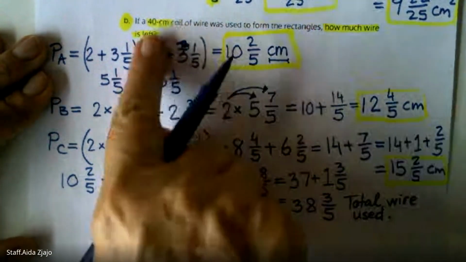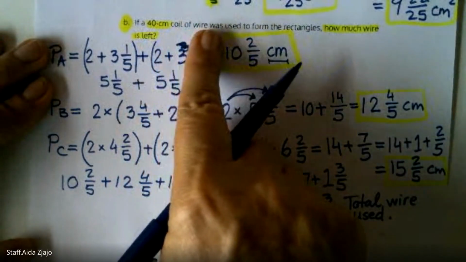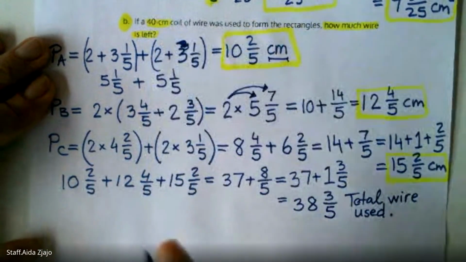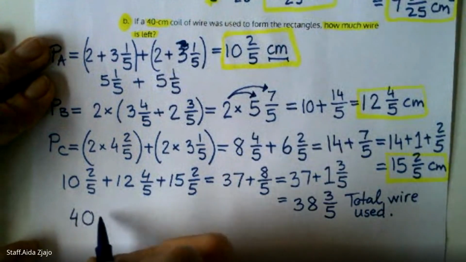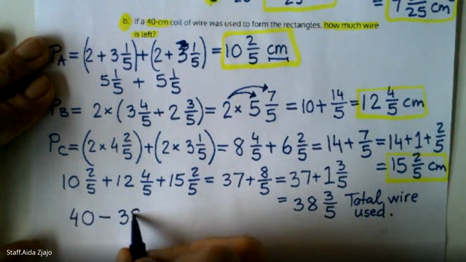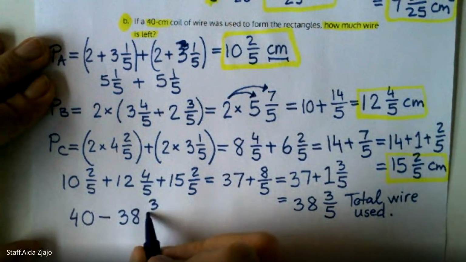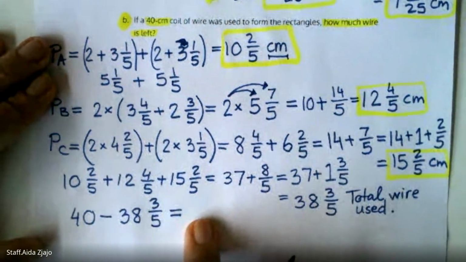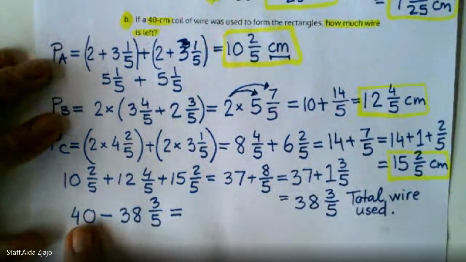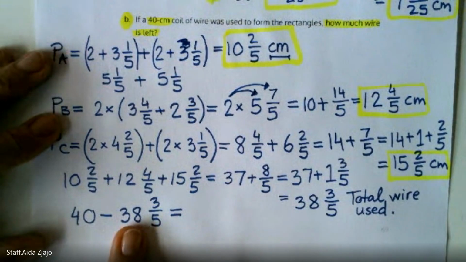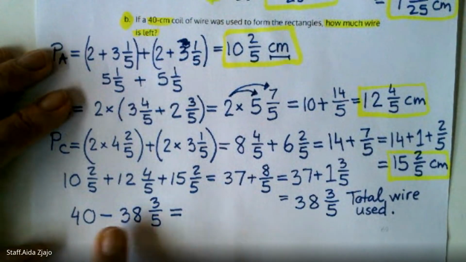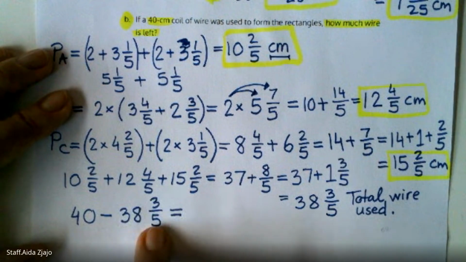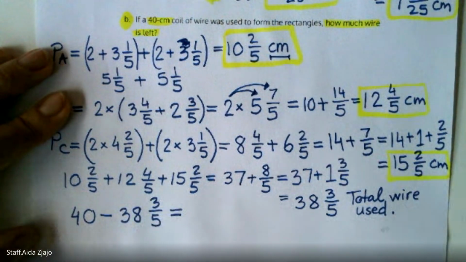Okay, so if 40 centimeters of wire was used to form this, how much is left? They had 40 and they used 38 and 3/5. So the answer is how much is left. We can say 40 minus 38 without problem, but we need to regroup 1 centimeter to take away 3/5. How do I do that?